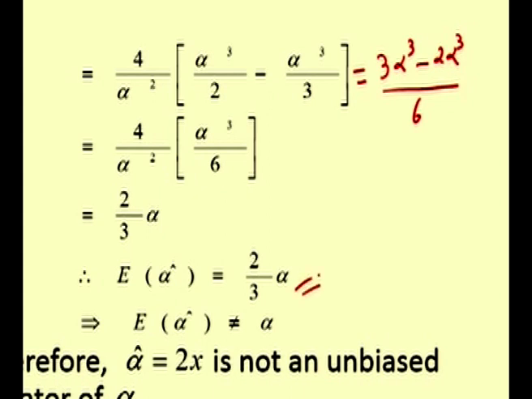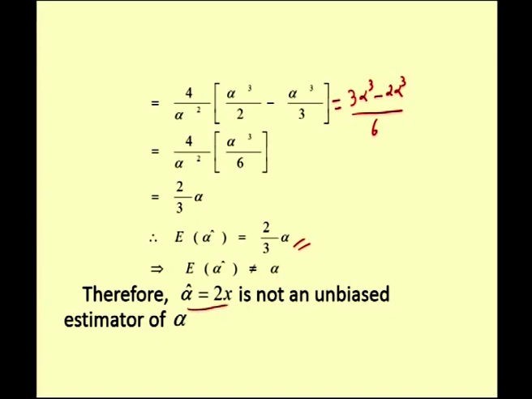Therefore, you find that the expectation of alpha cap, you should get it as 2 alpha, but here you have got it as 2/3 of alpha. So, alpha cap equal to 2x is not an unbiased estimator of alpha, but you can make it an unbiased estimator if alpha cap is considered as 3 alpha cap by 2, then your estimator becomes an unbiased estimator.